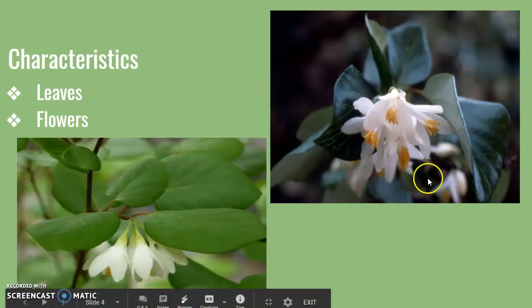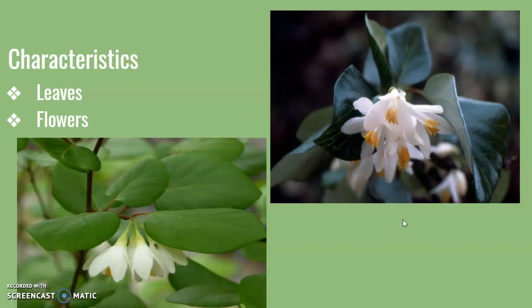Okay, so characteristics of the leaves and flowers. The leaves are smooth with feather-like veins, and the flowers are white with bright orange pollen. The 5 petals hang down, creating a bell shape. From observing the characteristics, I determined that it was a dicot because of the feathered leaves and the petals.